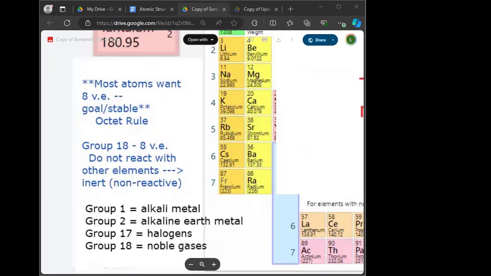So inert means non-reactive. So you also need to be familiar with that term, the term inert and what it means.